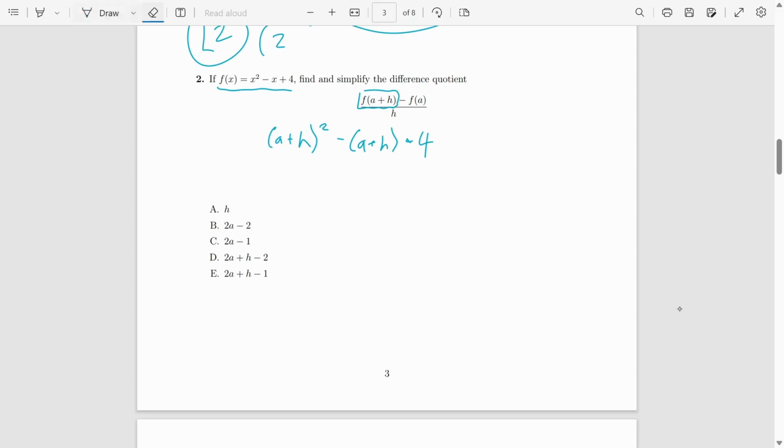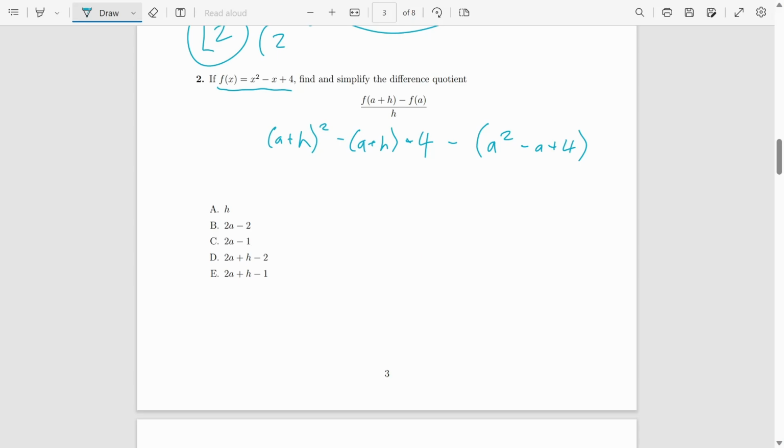And then for the other, minus f of a, that ends up being, no, not x squared, a squared minus a plus 4. And remember, we're doing a minus of all of this because that's what it was in the original. It was a minus. And then all divided by h.